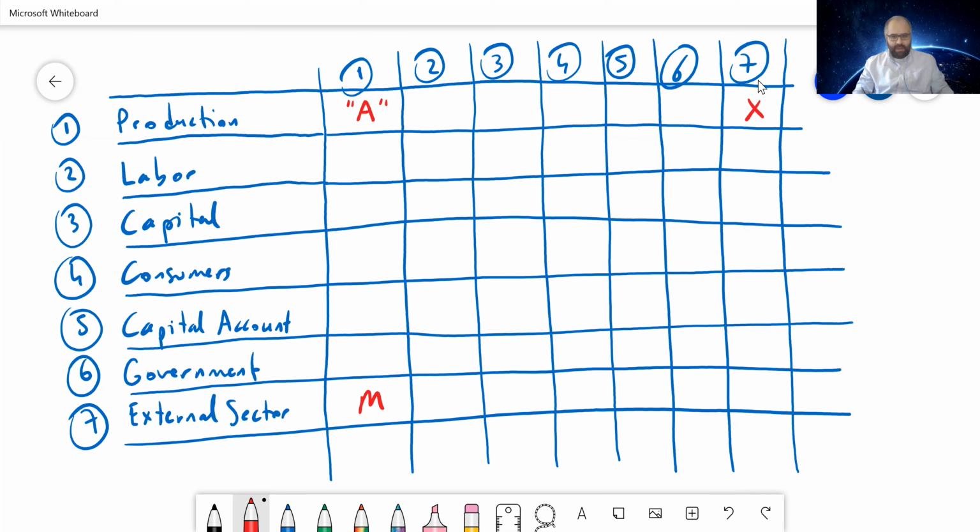Then this trade balance, of course, must appear here, in the capital account.